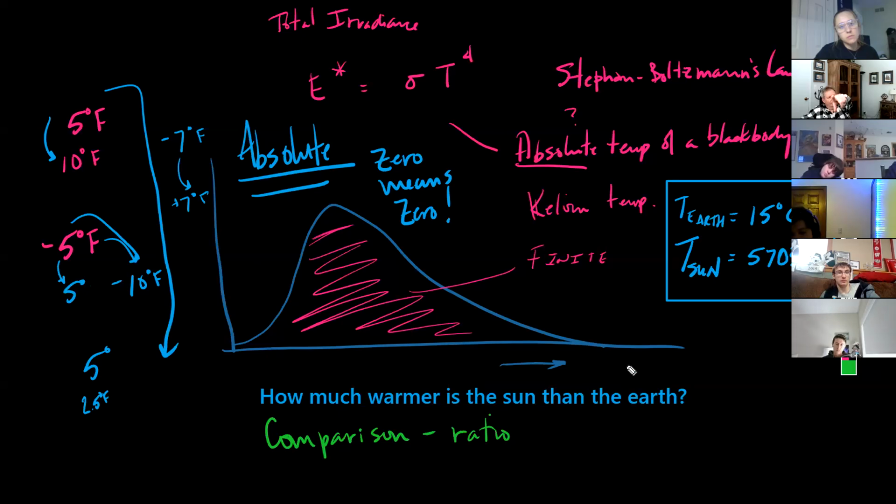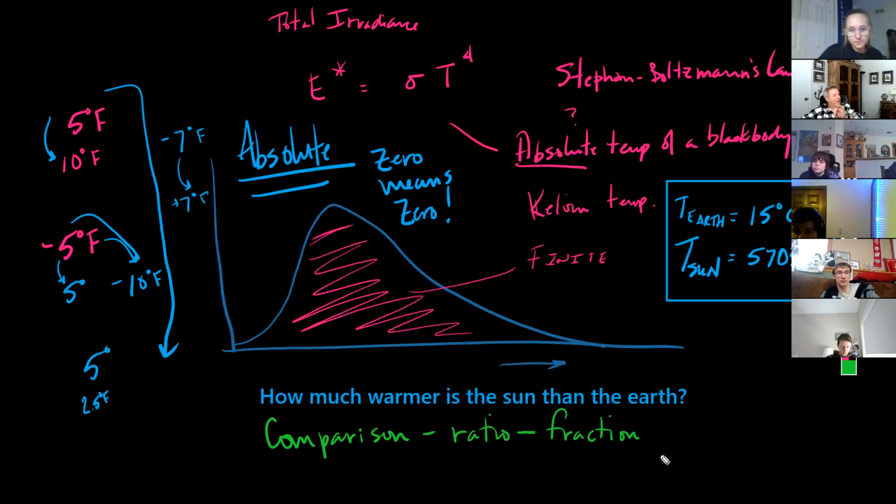Comparison, ratio. When I say the word ratio, you say the word fraction. How much warmer is the sun than the earth? What kind of a question is that? Comparison. Ratio. Fraction.